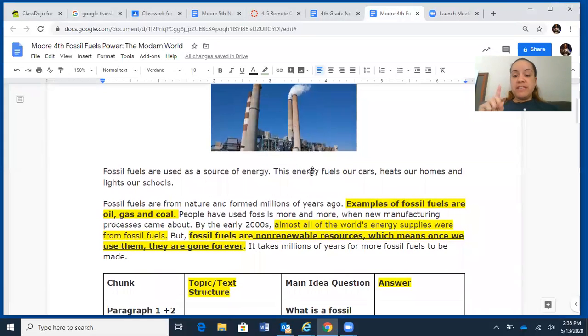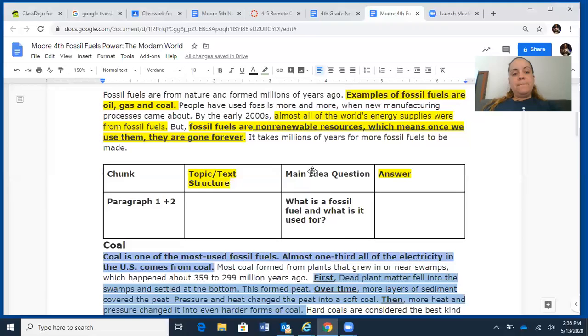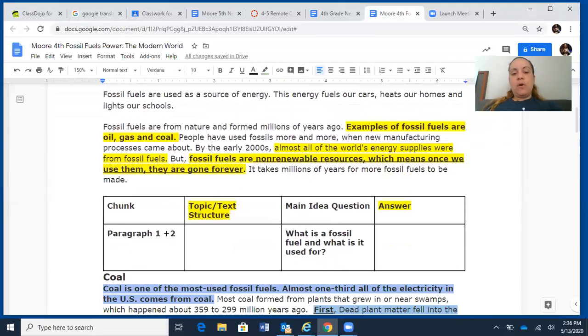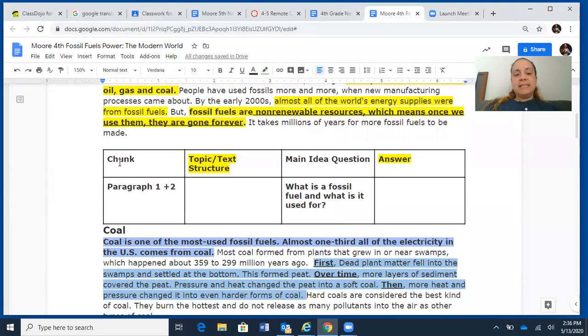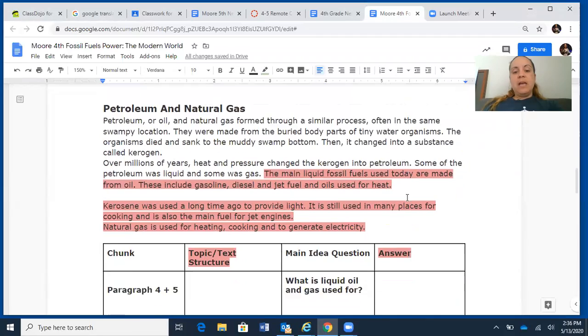Now, for this story, really quickly, each subheading or paragraph has a box where we're going to write a topic and text structure. And then I've given you the main idea question, so your job is to answer the question with a sentence. I've done that for all of these, okay?